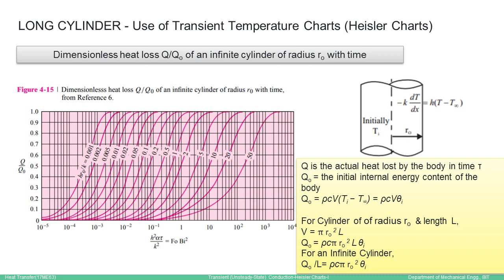Hence, it is expected to know the actual heat loss by the body per unit length. In such cases, we can use Q naught by L equal to rho c into pi r0 square into theta I.